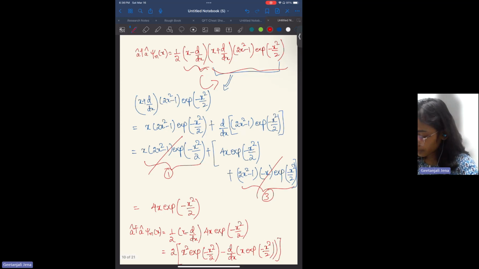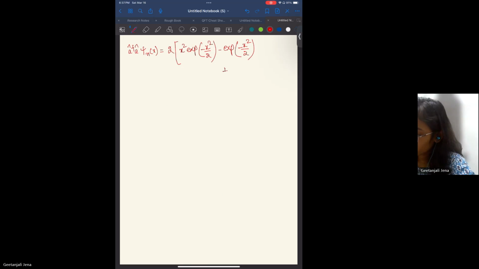Now if we solve it, we will get psi x equal to 2 times x square exponential minus x square by 2 minus exponential minus x square by 2.